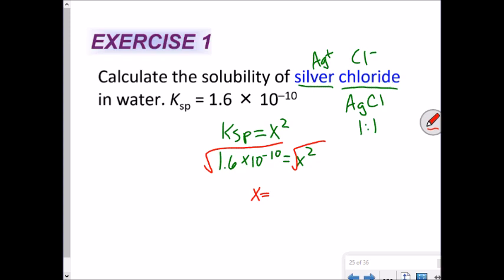I'm sorry? 1.3 times 10 to the negative 5 moles per liter. So that definitely falls in our insoluble side of things because it's less than that 0.001 molar. That's the saturation point. That's how much you can dump in there before it's going to start precipitating out, falling to the bottom, and do the saturation thing.